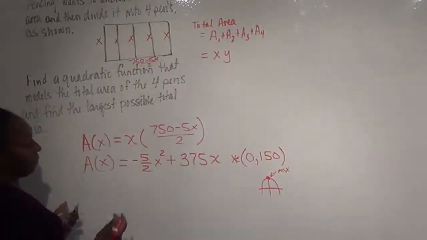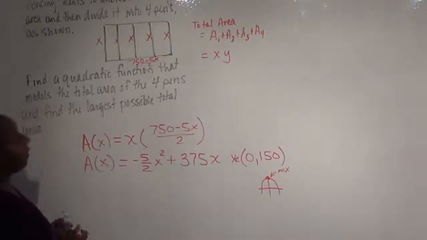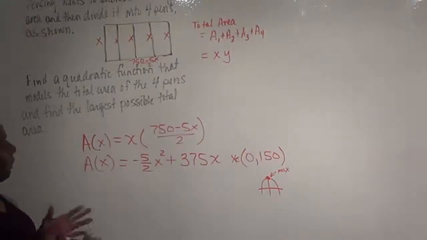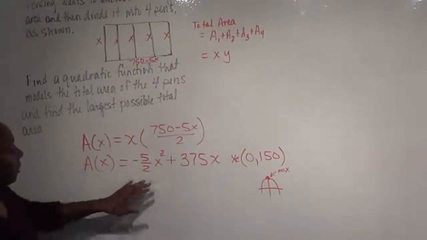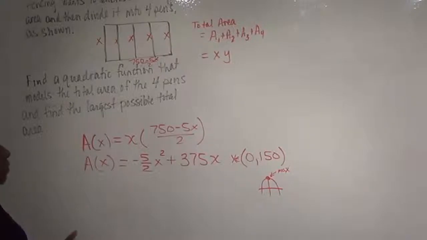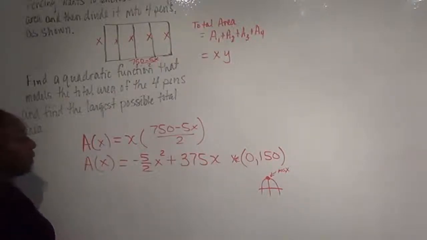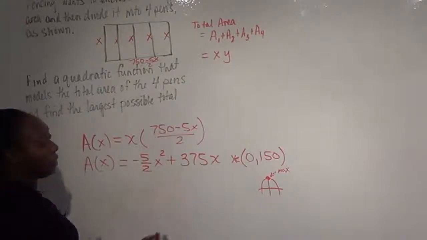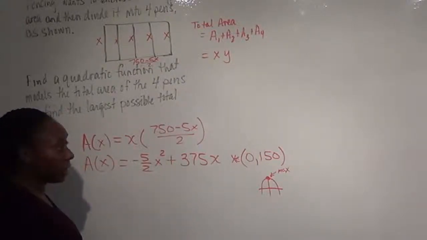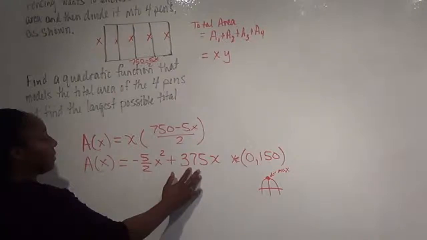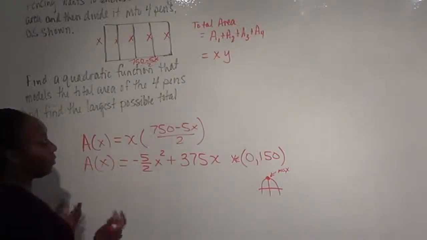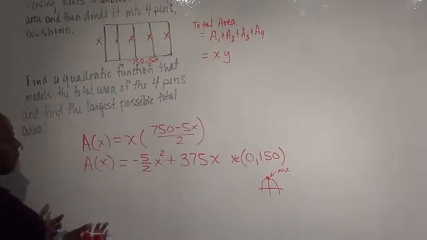So to get my vertex in this one, again, you can use either method, either completing the square or the negative b over 2a. In this case, both are going to be equally difficult or easy, however you want to think of it, because I've got large numbers and I've got fractions. So here, just use whichever one you like better.